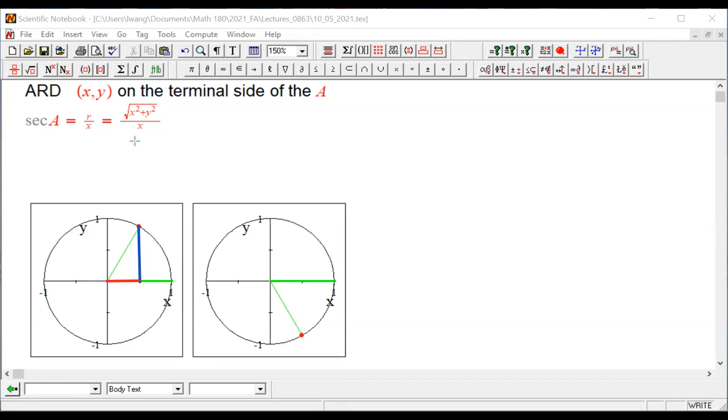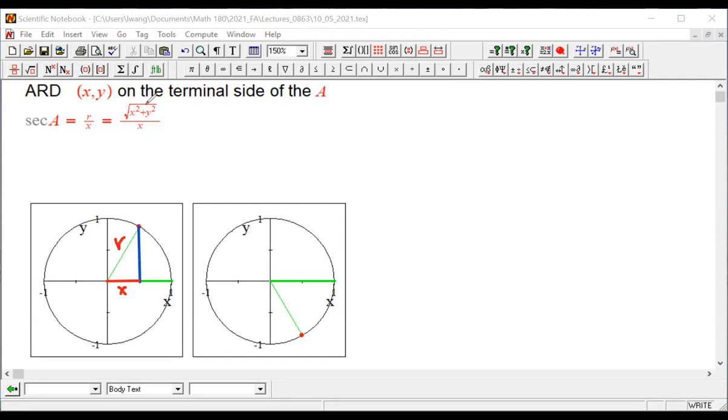Geometrically, you can see this is R over X. So this is R, and this is X. You can see R is always at least X, because R is X squared plus Y squared and taken square root.